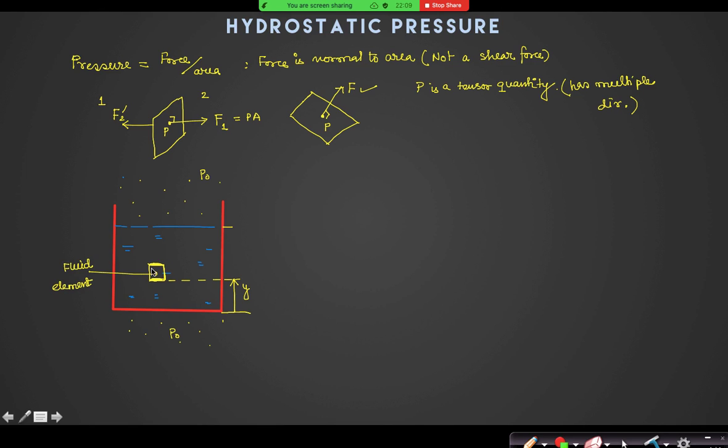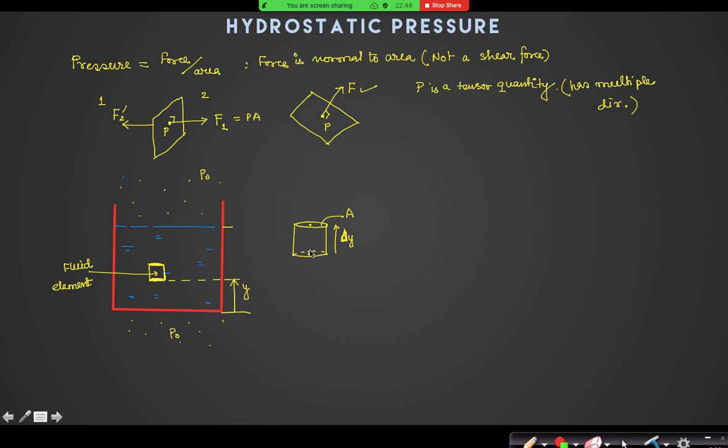The method I am going to use here will be used several times in the course of physics. So if I draw the free body diagram of that small cylinder, let us take the cylinder outside, although it is very simple to analyze. Let us assume that the height of the cylinder is delta y, and the area of the cylinder is A. What is the pressure at this point, and what is the pressure at this point?